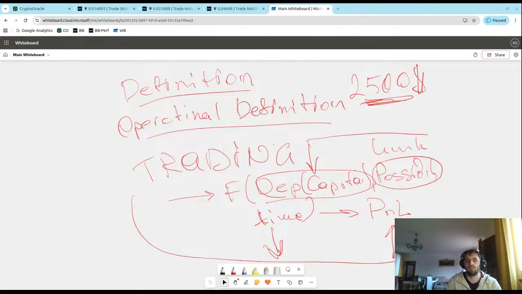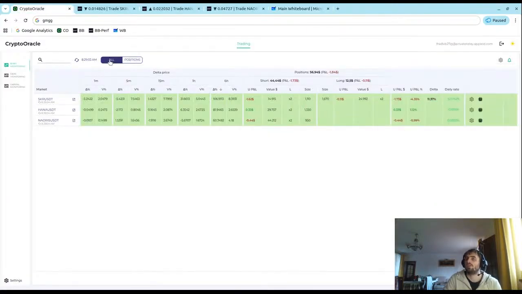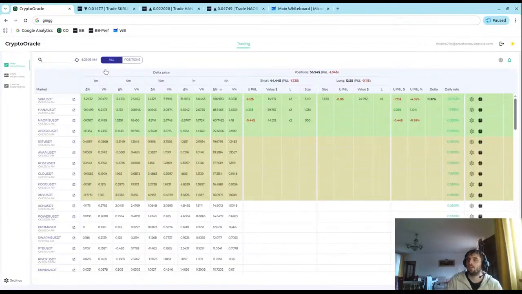Why we need that? This is precisely why I've got this table here, because I have to deploy as little capital as possible, as efficiently as possible, regarding the economic theory, and I have to derive as much profit as possible out of the possibilities presented.